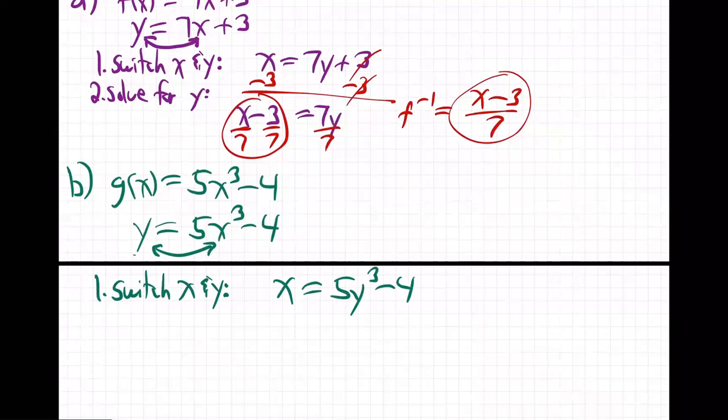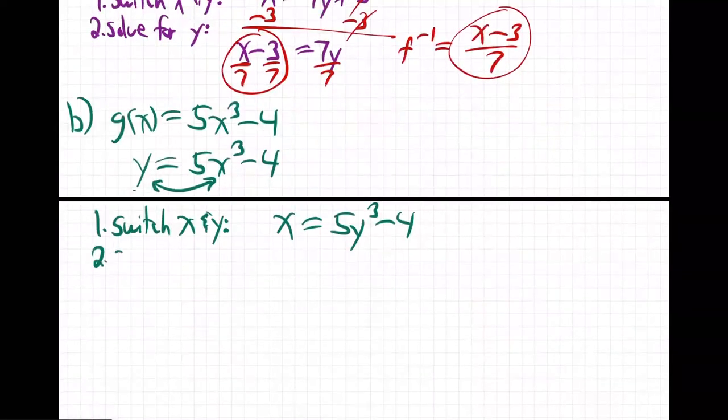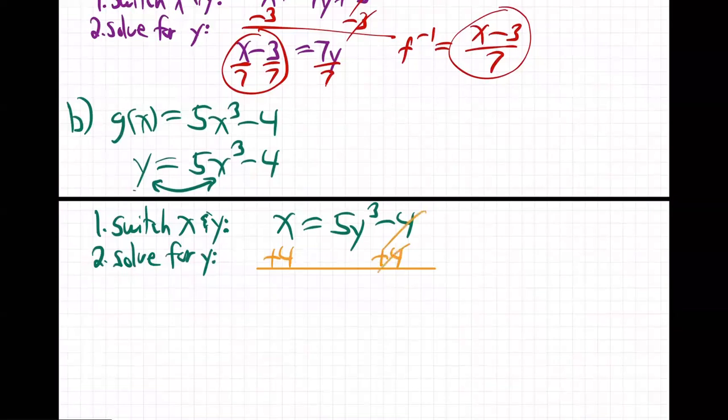And then step two, solve for y. Add 4 to both sides. Boom, boom. And then trying to get y alone, divide by 5.